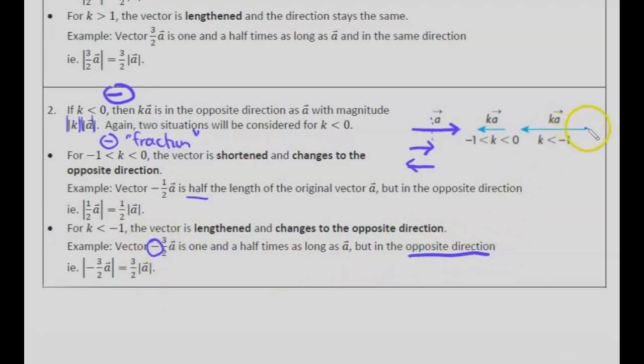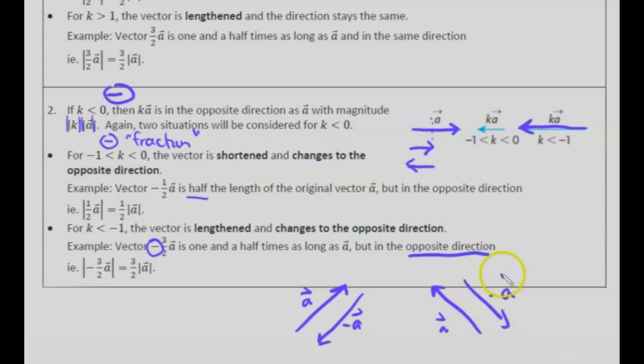So this one here is lengthened and changes to the opposite direction. And I just want to make a point: if this is the direction of A, then this is the direction of -A. It's the exact same line, you just take the arrow and put it on the other side.